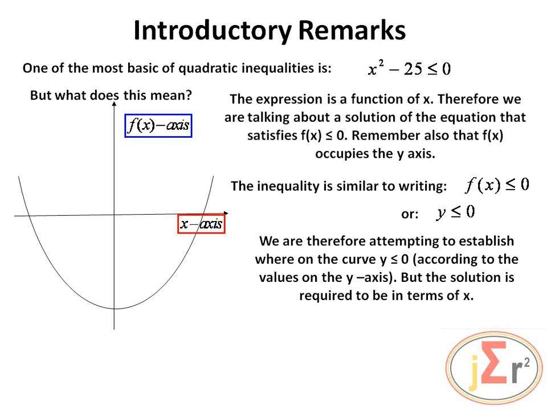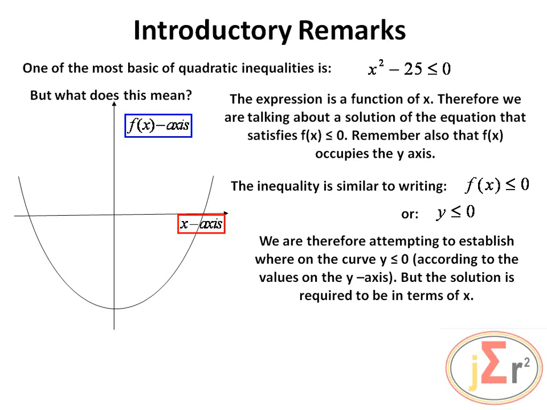So the solution is required to be in terms of x. Just like the interest rate and the rate of inflation. The rate of inflation is dependent on the interest rate. So if there is something happening to the rate of inflation, we see what happens to the interest rate.